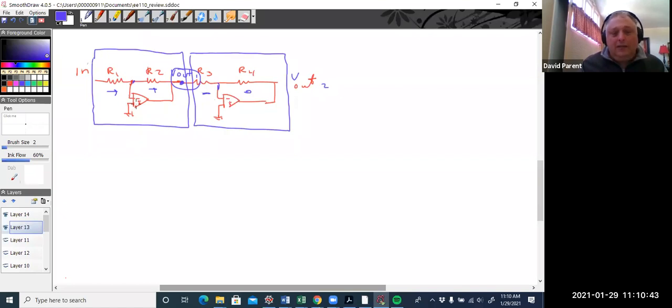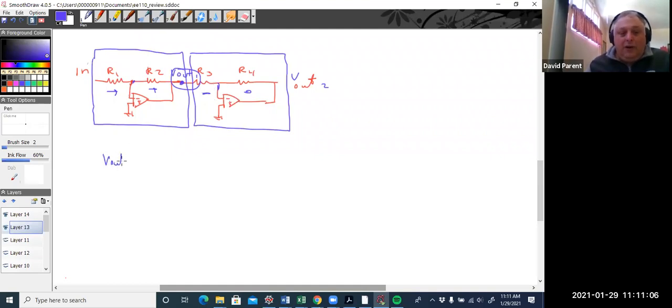And I say, hey, that's an inverting op amp. You might be confused, well, V out is driving R3, but you know that this is to ground because it's an inverting op amp. The difference goes to 0 because the gain is infinite. That's just a load. It's not affecting it.